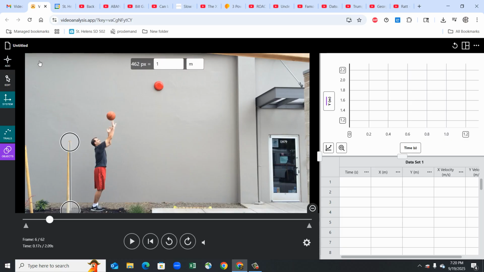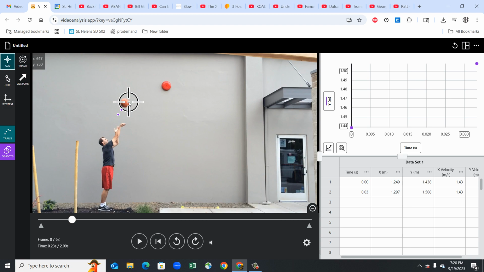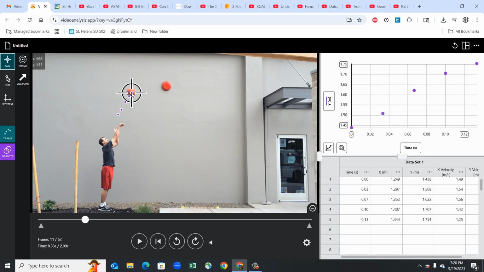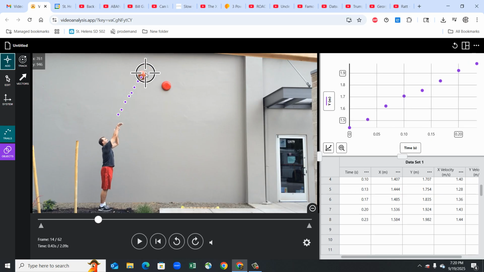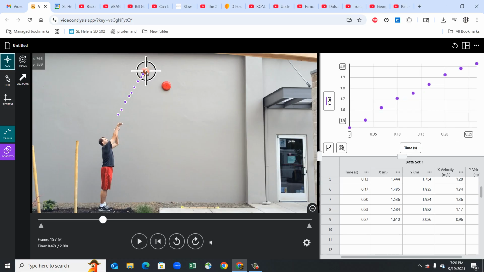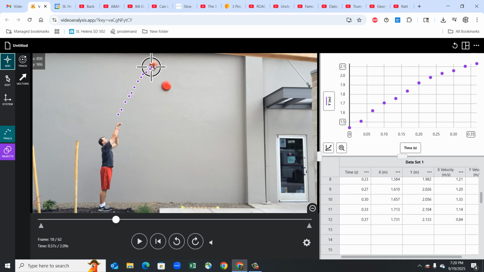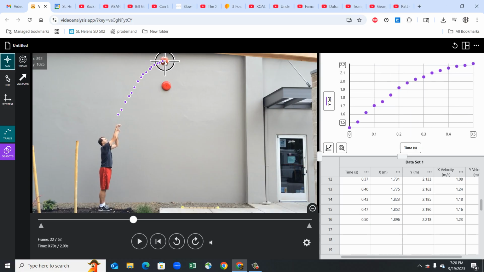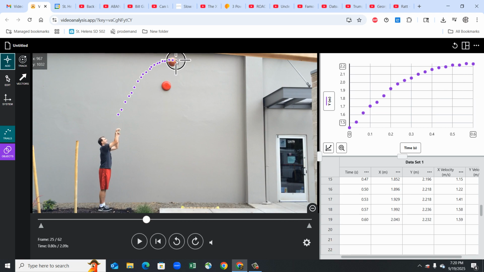Now if I add points, again, it's just as simple as this. And so forth, and there we go.